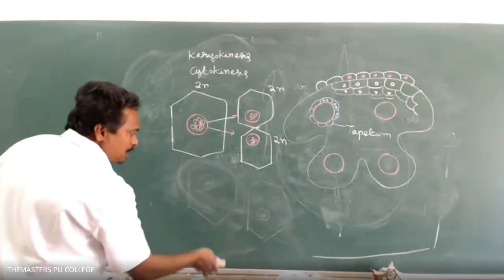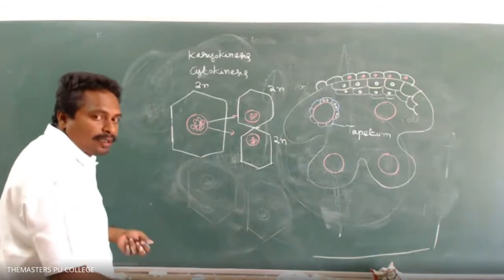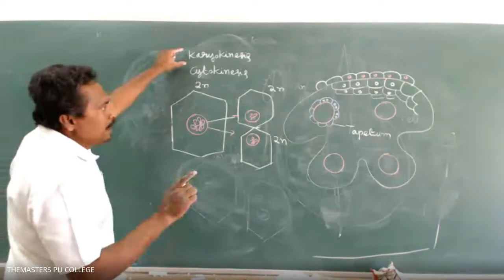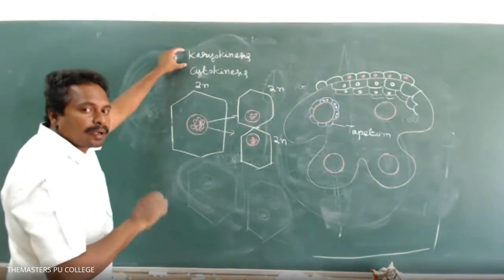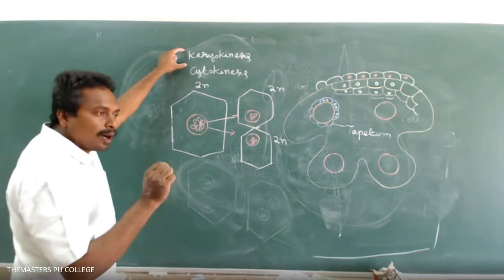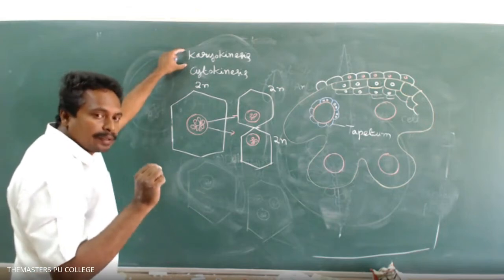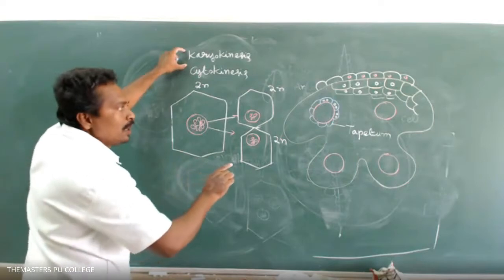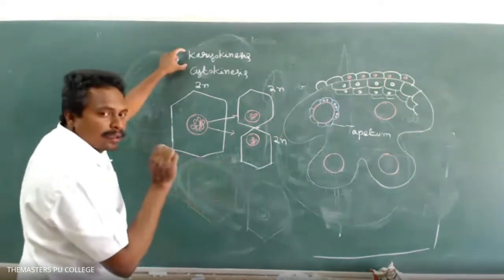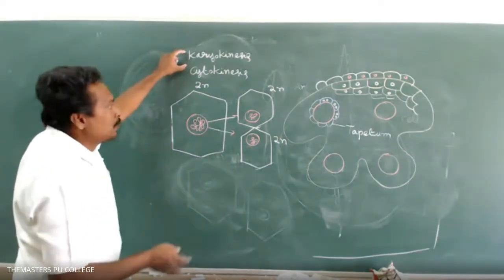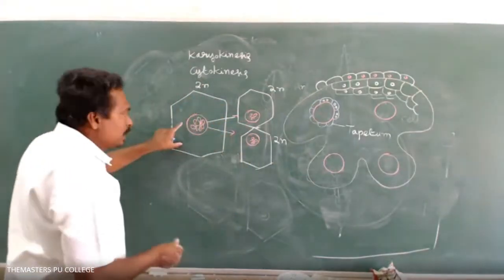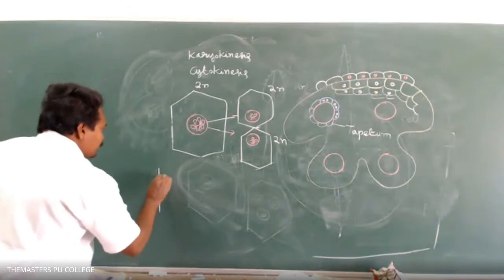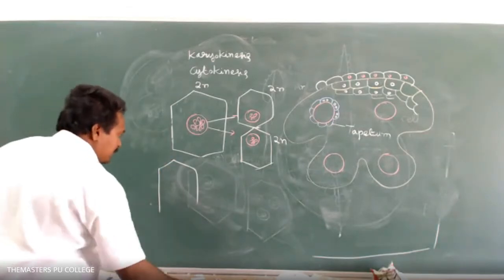In some of the tissues and organs, the karyokinesis is not immediately followed by cytokinesis. For example, in the young anther, during formation of the tapetum layer, first karyokinesis takes place.